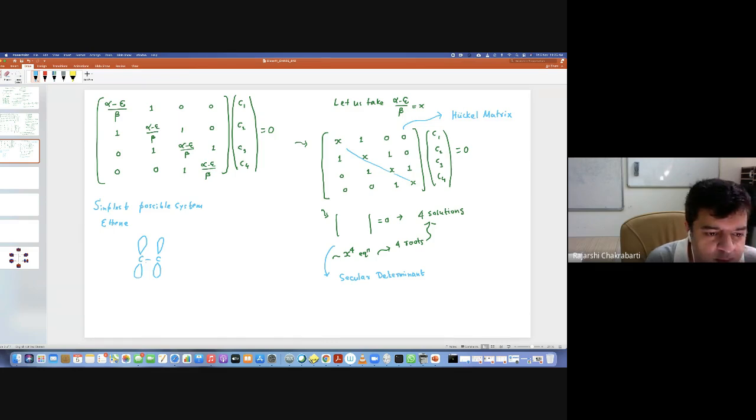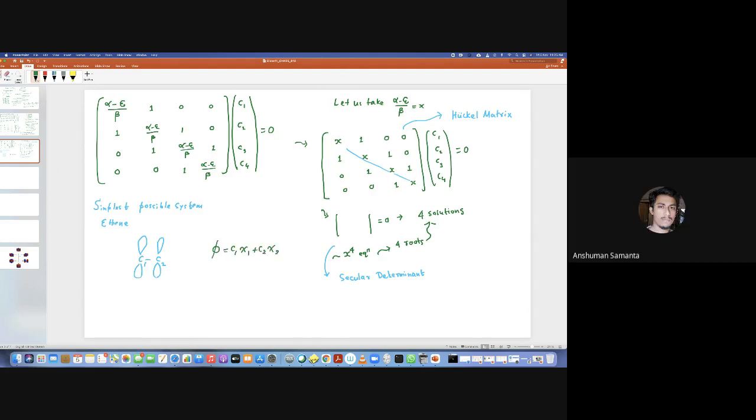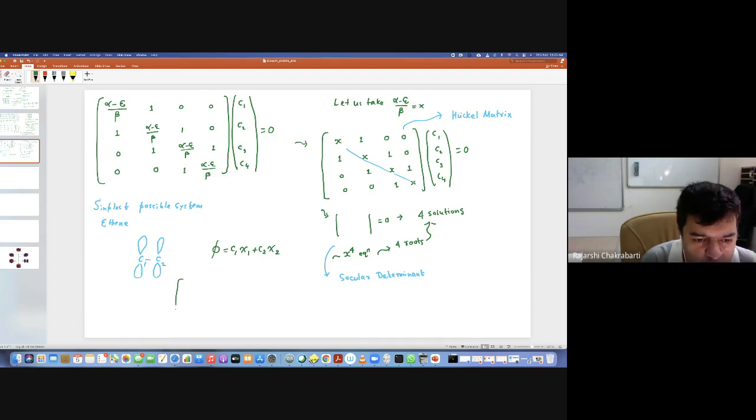This is C1, this is C2. Now it is your task to tell me what this matrix is going to be. The MO is like C1 chi1 plus C2 chi2, isn't it? It is going to be a 2 by 2 matrix, no?